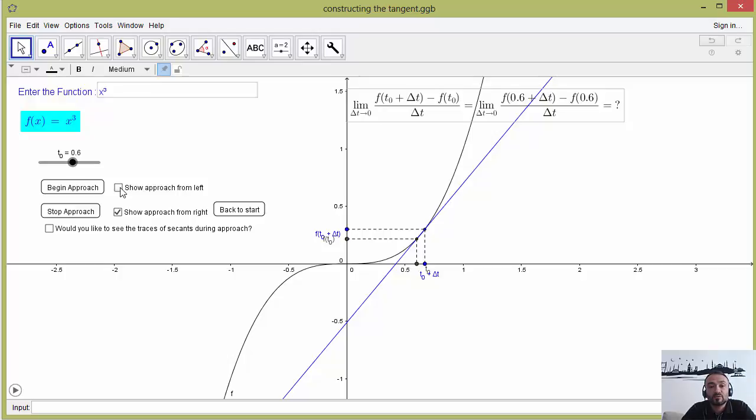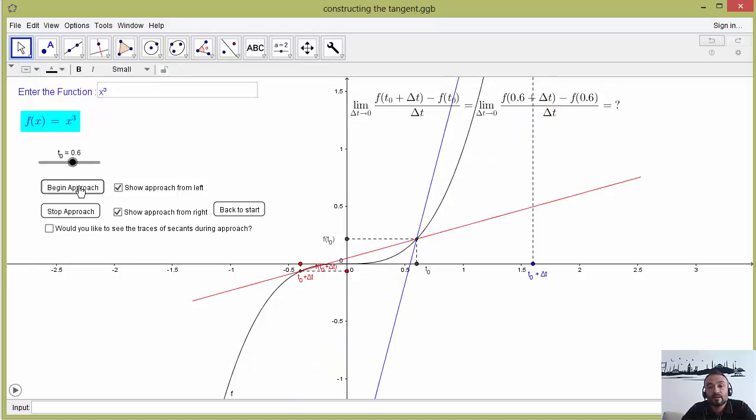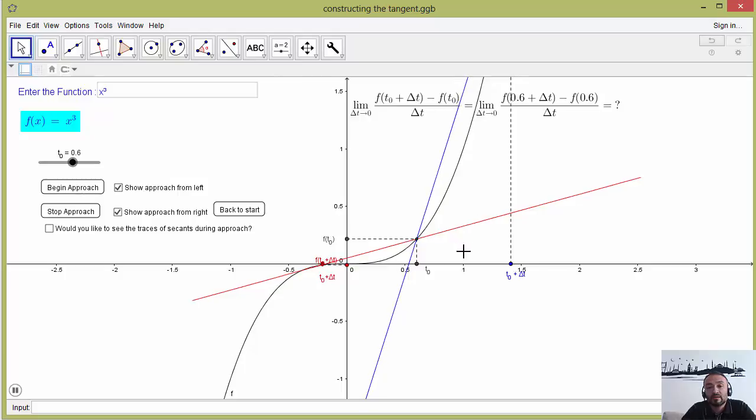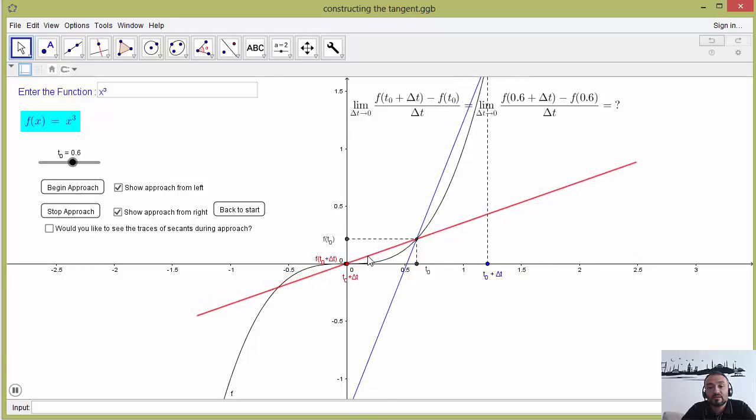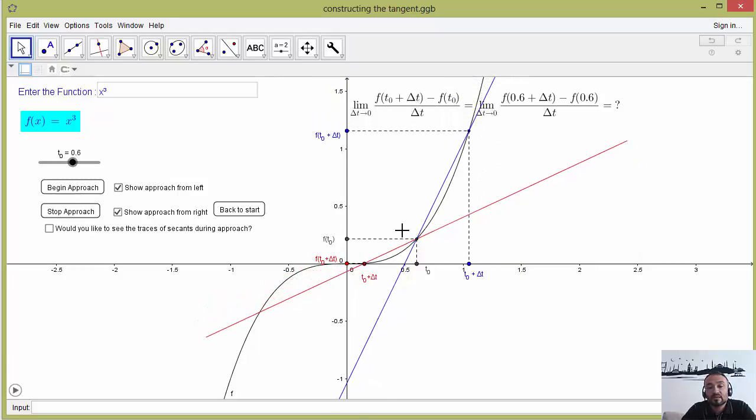Let's observe approaching from left also. This red line represents the secant as delta t approaches 0 from the left.